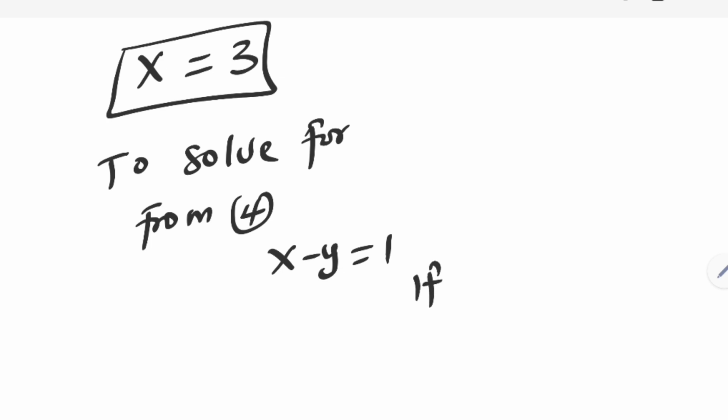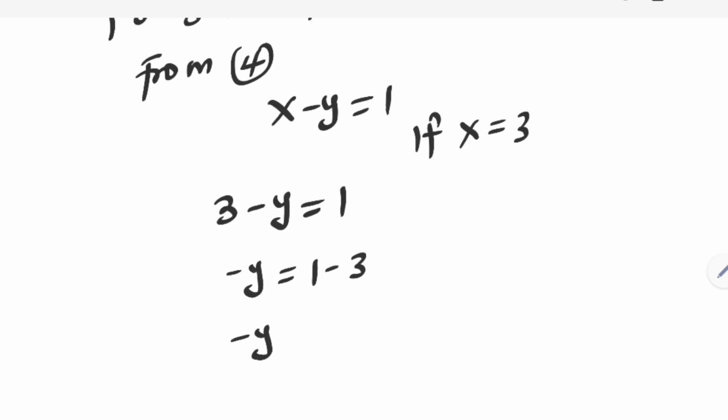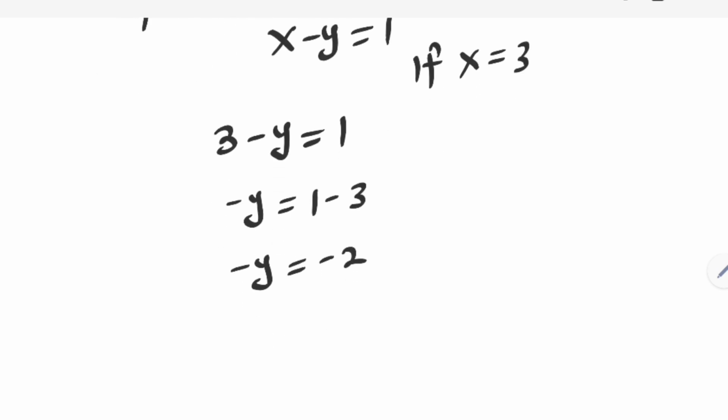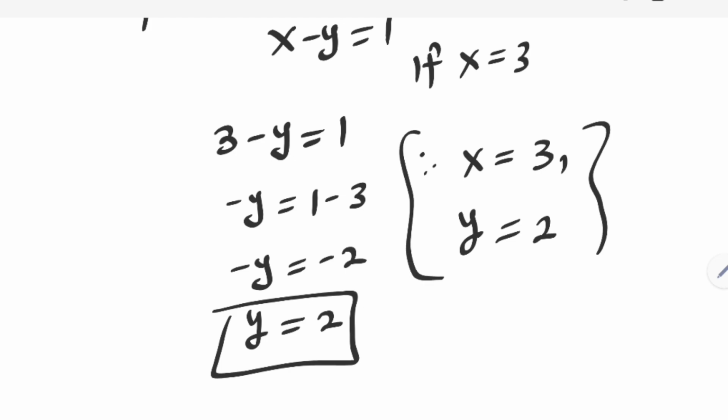If x is equal to 3, we have 3 minus y is equal to 1. Then minus y is equal to 1 minus 3, minus y is equal to minus 2. y is equal to 2. This is the value of y. Therefore, our final answer are x is equal to 3, y is equal to 2. This is the final answer.